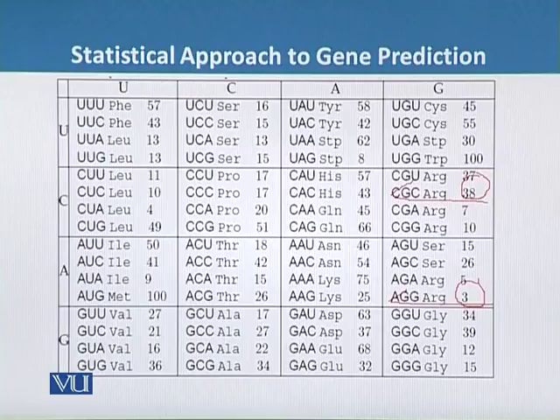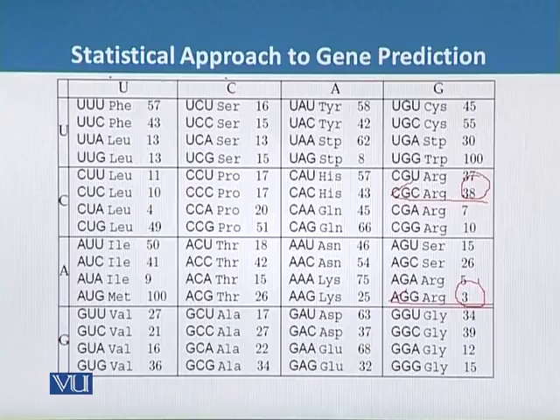And we can say that the codon which has a higher frequency to be coded might be considered as the codon that is coding for the sequence present in the coding region.